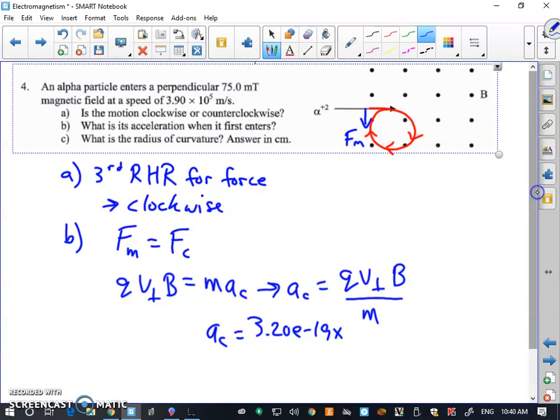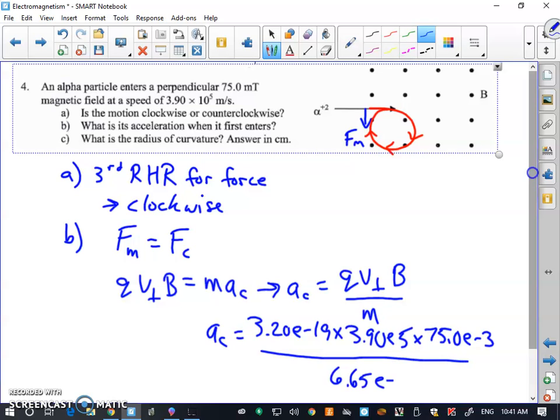And AC coming down here, we've got 3.2 E negative 19. The speed, 3.9 E5. The magnetic field strength, 75 E negative 3 teslas, divided by the mass, 6.65 E negative 27.